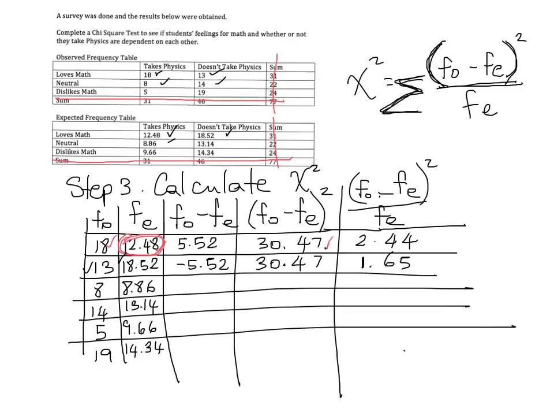Now feel free to pause and try it on your own while I fill in the rest of the values. Okay, so you should be checking your work now, and hopefully everything looks the same on your paper as it does on my board.